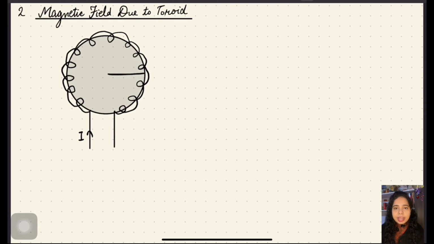Let us say small n represents the number of turns per unit length, and I is the current flowing through the toroid. As we already know, we will have to determine the total current, because in the first case we have considered the total current. So in this case also we will have to consider the total current.